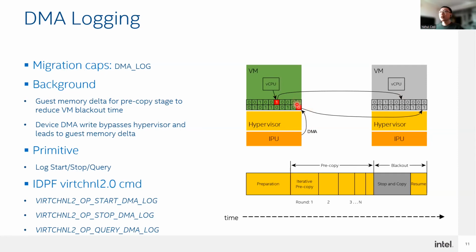That may cause the problem that the memory may not be fully synced from left to right. So in the pre-copy stage, we need to provide some method so that the hypervisor knows which region is written by the device DMA. And that is what we call the DMA log support in the migration capabilities. This means at the pre-copy stage, we can tell the hypervisor what specific memory region is changed by the device.